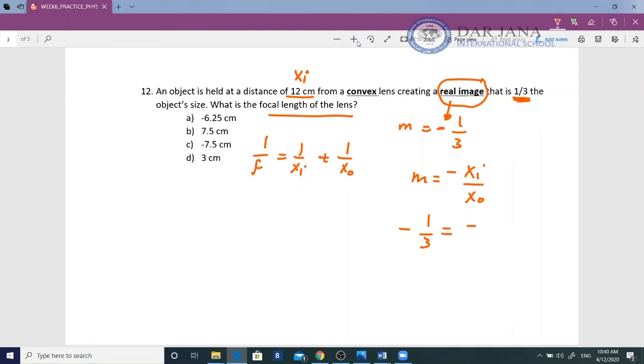It's equal to minus, sorry, this is xo, this is the object, not the image. We are trying to find the image here, xi over xo. Xo is given 12, so minus cancels here. So xi is 12 over 3, it's 4 centimeters.